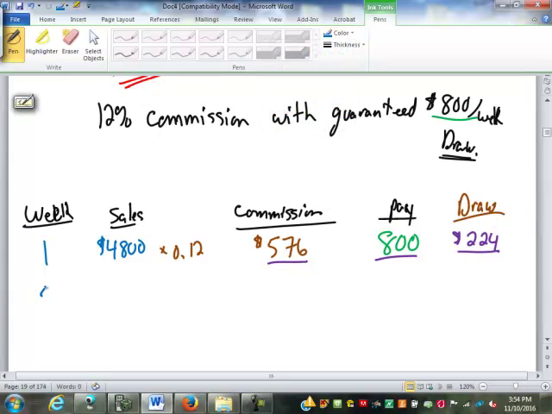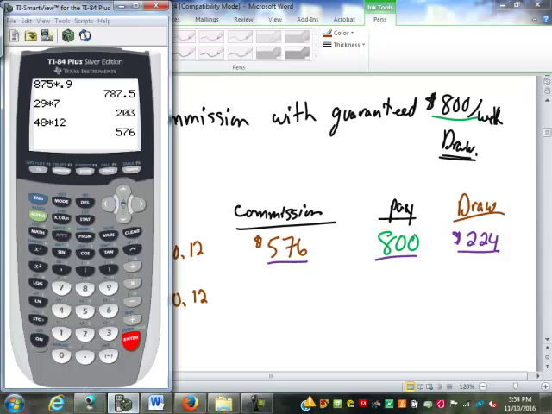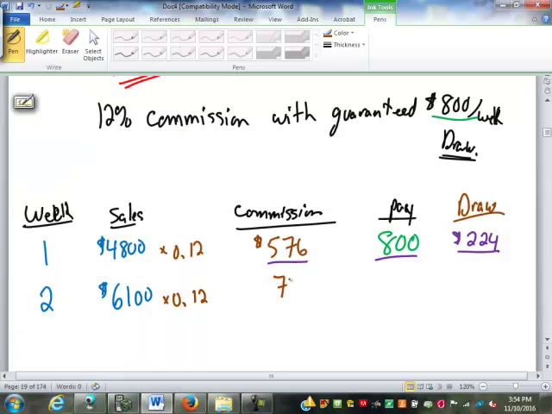Let's say in week 2, things start to pick up, and you sell $6,100 worth. So your commission, $6,100 times 0.12 is $732. What are you going to get paid? $800.